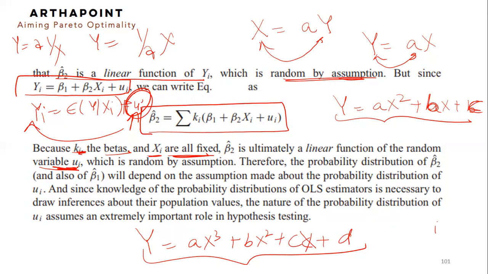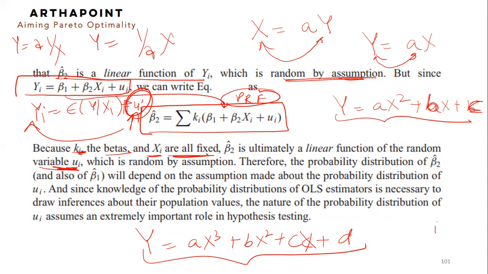So, there is this confusion that exists whether betas are fixed or non-fixed. Well, understand that I am replacing it by its PRF, population regression function. In the population regression function, the betas are fixed. I for sure know the clear relationship that exists between y and x for my population.